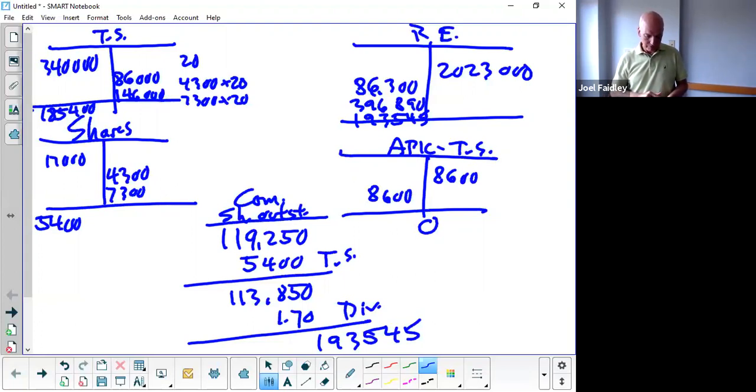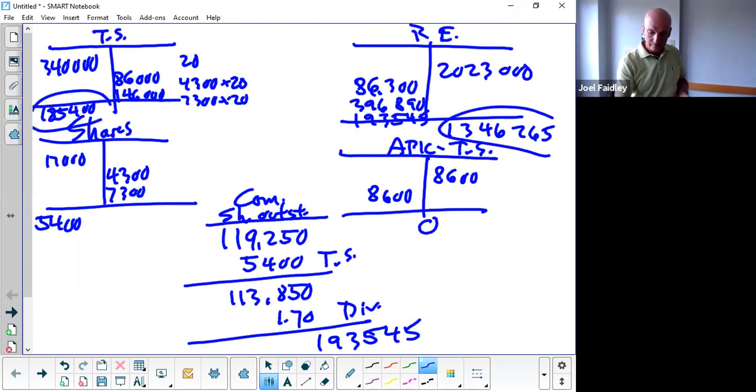So 2,023,000, minus 86,300, minus 396,890, minus 193,545. That looks like the balance is 1,346,265.